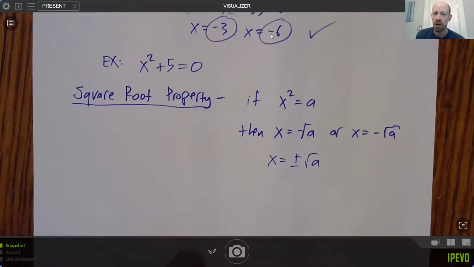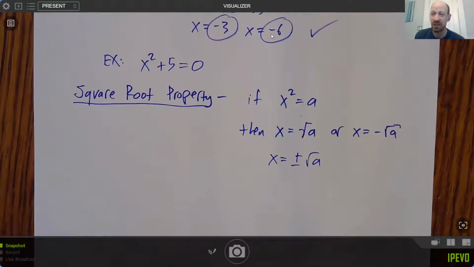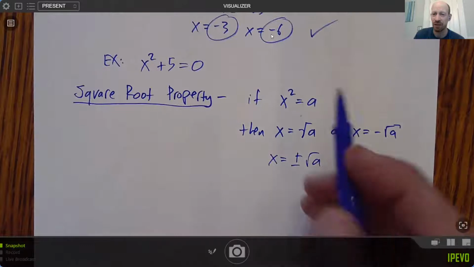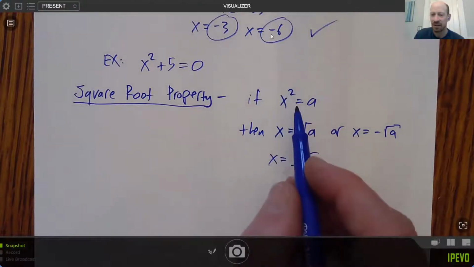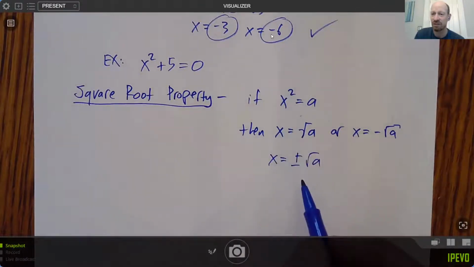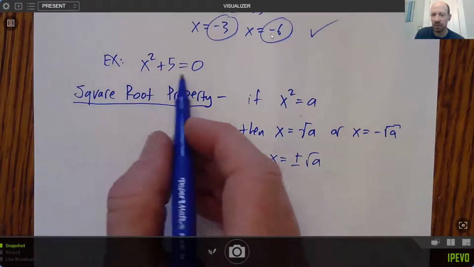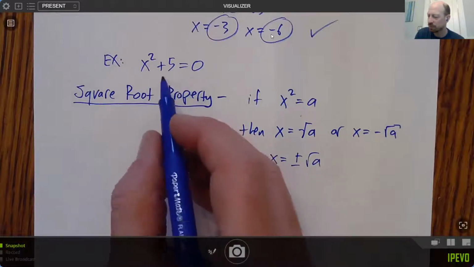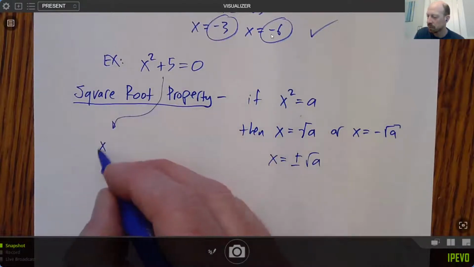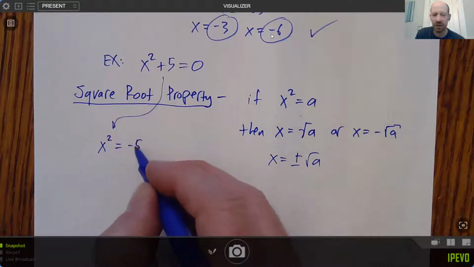Okay. So the square root property actually is even better than factoring when it works out, because if you can get it to look like this, you can get your answers kind of immediately, right, using the square root property. So this example we had here, x squared plus 5 equals 0. Well, I just have to do a little bit of work to get it in the right form.